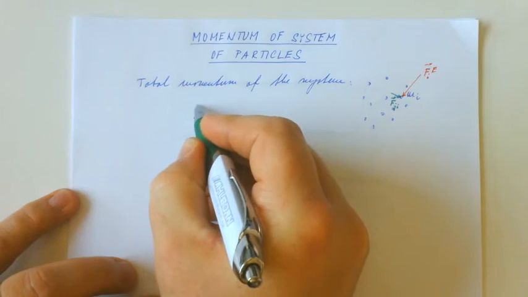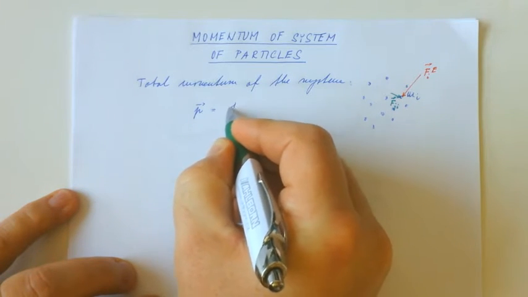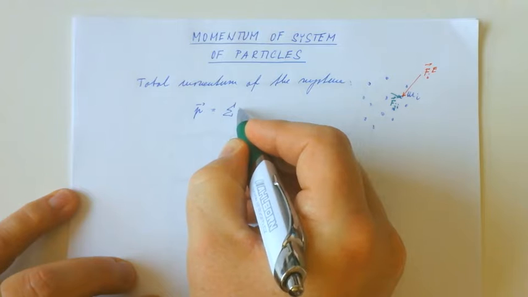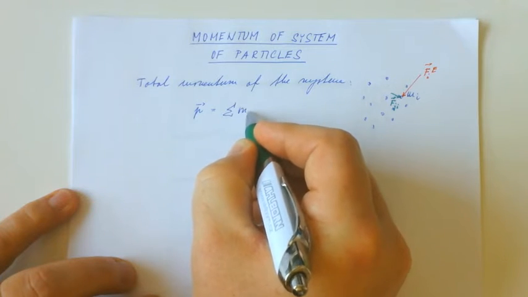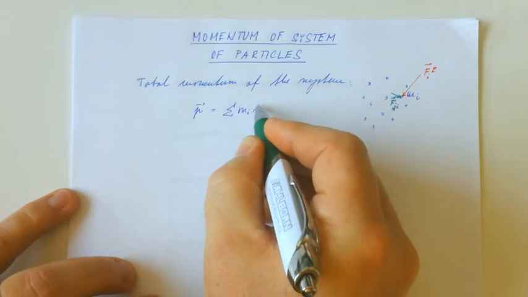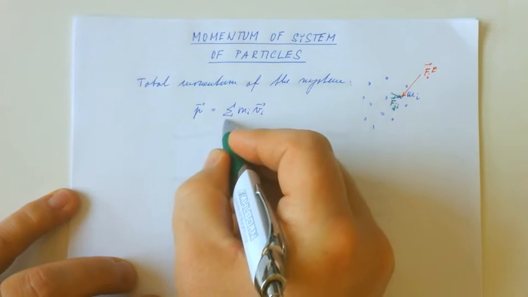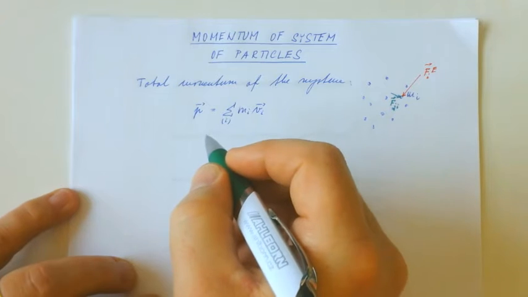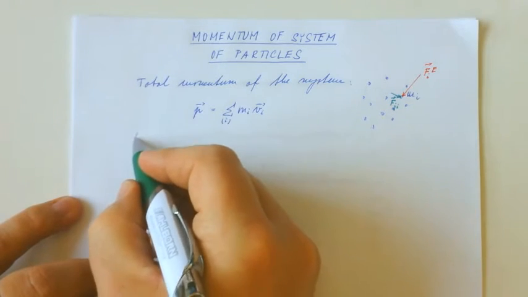So total momentum P is given by the sum of momentum of all points present in the system. So this is that.